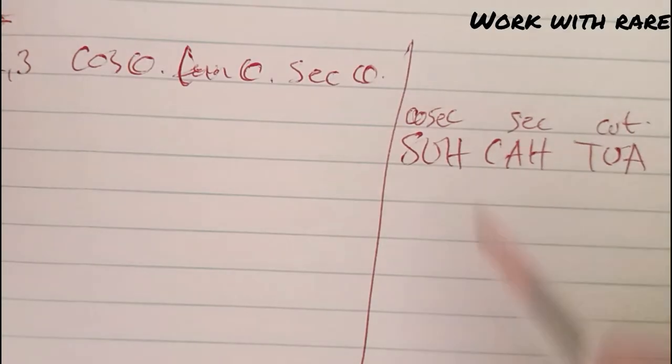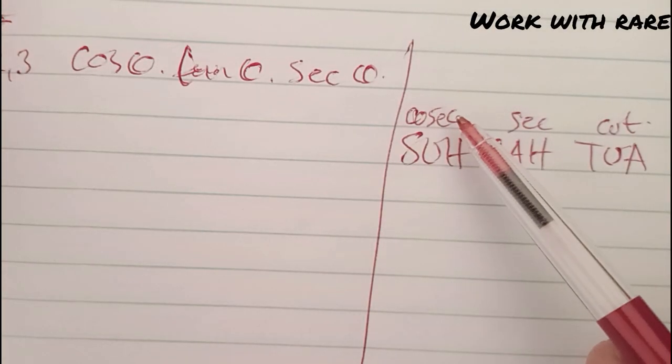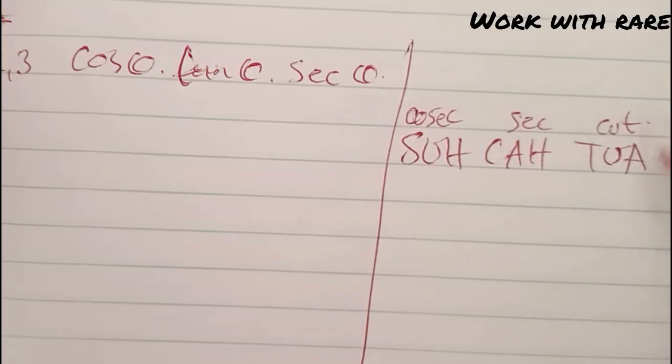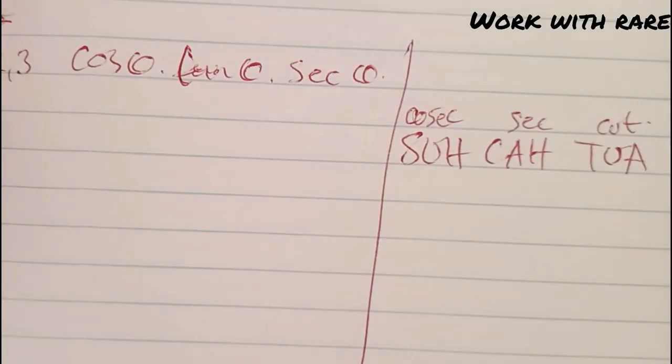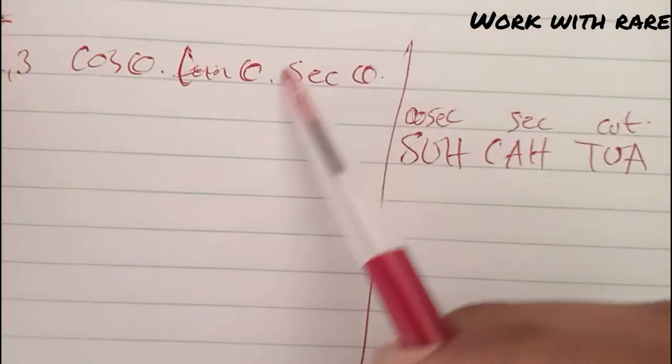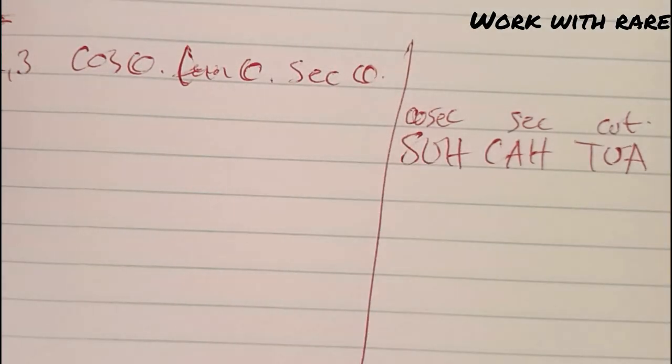Right? So this makes it easy for you to remember. And remember, cosec, sec, cot is the opposite of this. For example, sine is opposite over hypotenuse, but cosec will be hypotenuse over opposite. So you have to know it in this way. So by then, here we have cosec, but we are not given angles.